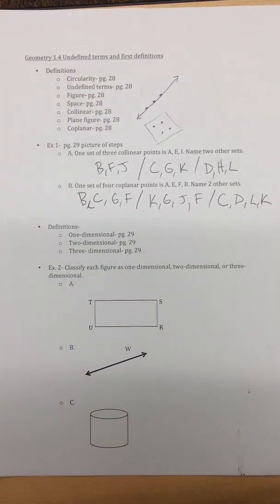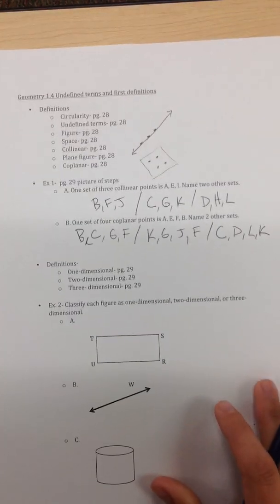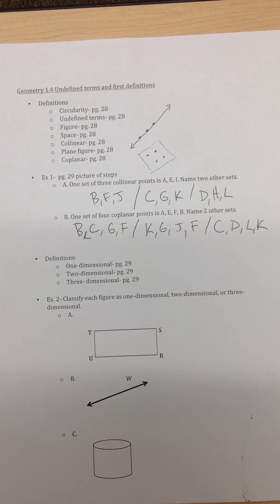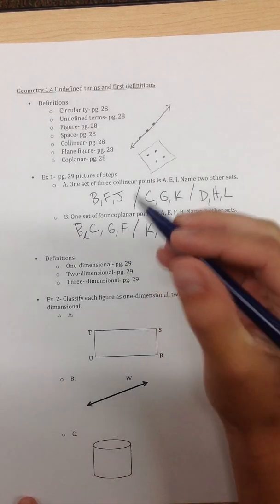Okay, so get that out of there. Our next thing is 1-dimensional, 2-dimensional, and 3-dimensional. So the definitions are in your book if you want to check those out on page 29. I'll write in what I think the definitions are, because the book ones aren't necessarily the best.